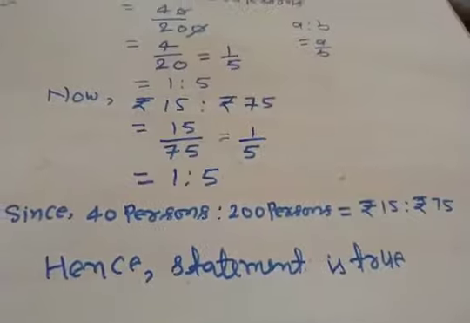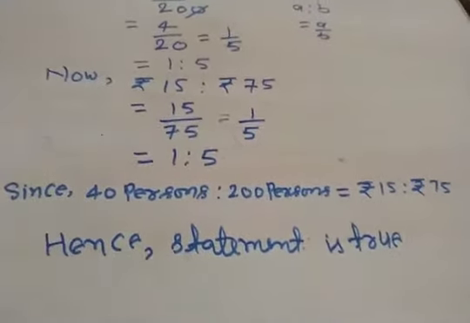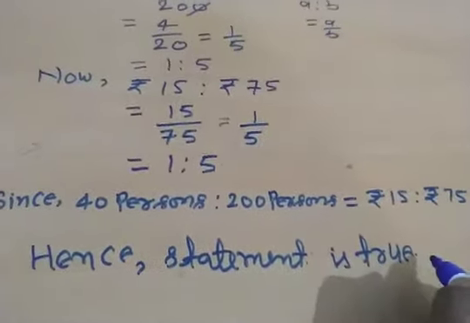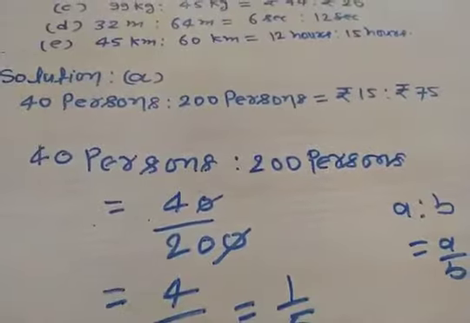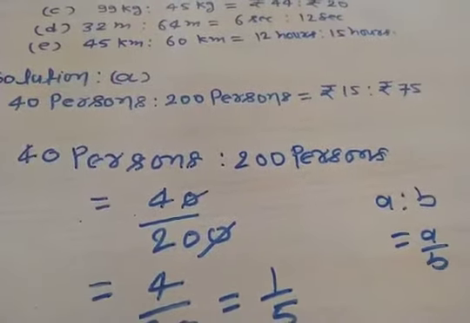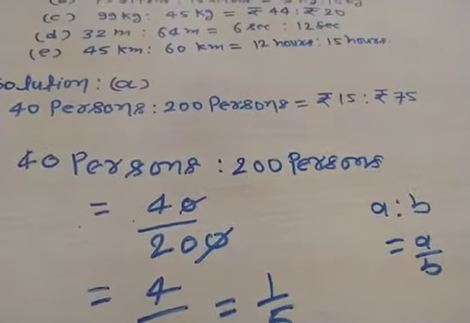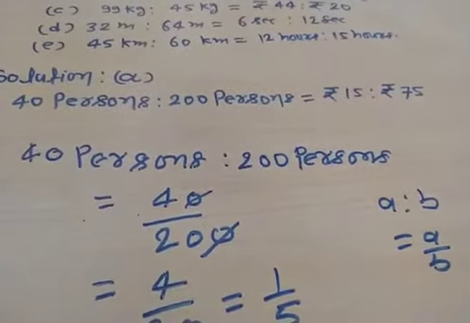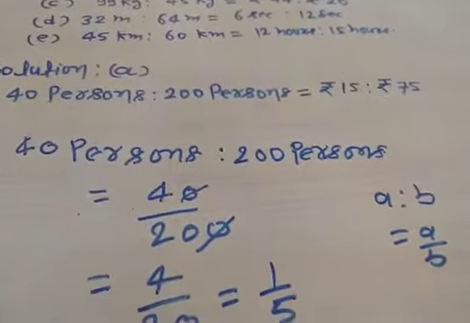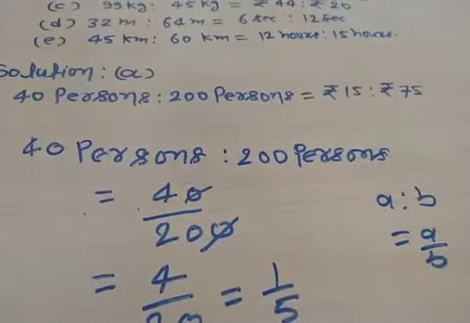Student, I hope all have understood. Let us see this question once more. Here you can see this is part A, 40% ratio to 100%, which is equal to rupees 15 ratio 75. You want to verify whether this is true or false. So first we'll take the left hand side.